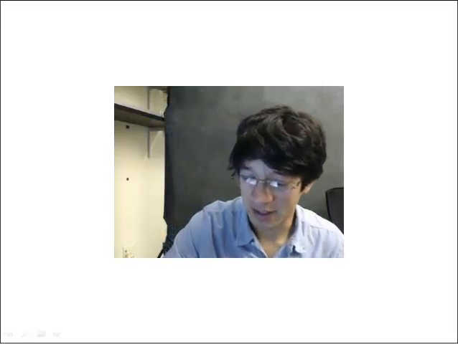Because it's Valentine's Day, we are going to talk about representing vectors and matrices in a different basis. So we're going to talk about the mathematics used to go from one representation of a vector or matrix to another.